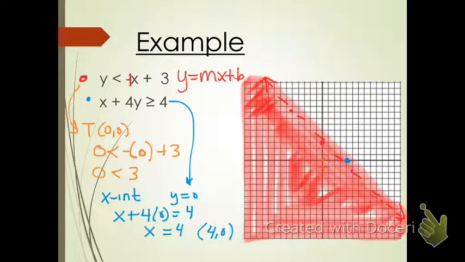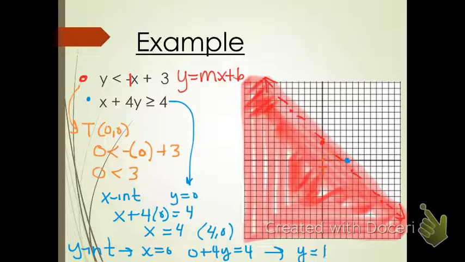And then the y-intercept, we'll find that by plugging in a 0 for x. And we'll get 0 plus 4y equals 4. And solve for y, and we'll get y equals 1. So now we will connect the blue line with solid because there's an equal to as part of that inequality.